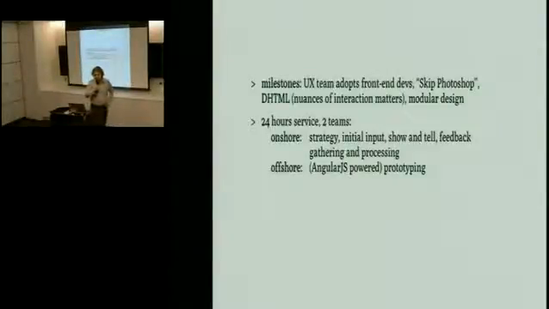Also, it's very important that we do DHTML prototypes. It's not just static stuff. It's not clickable images. We try to implement some sort of logic into it, and this logic may be very complex. If we have tricky interactions, the nuances of these interactions really matter.